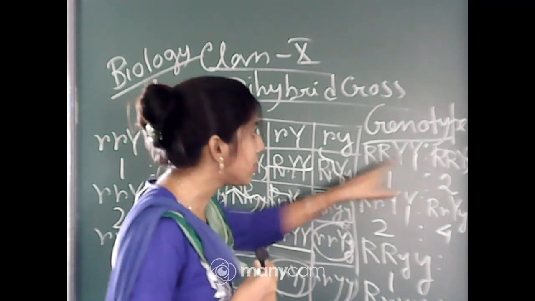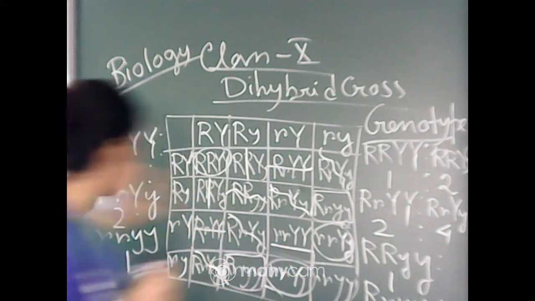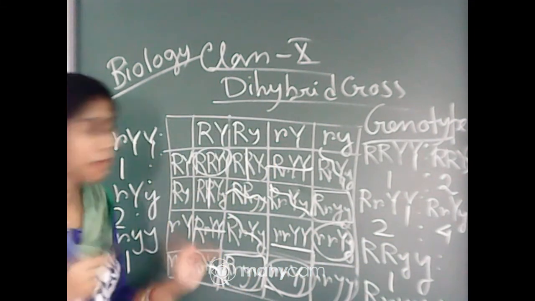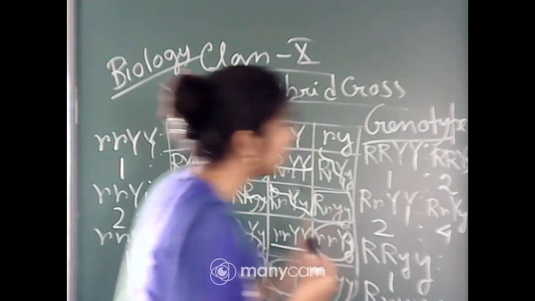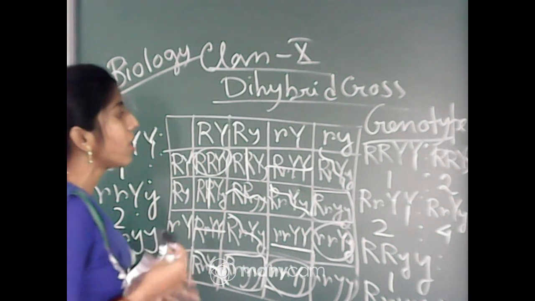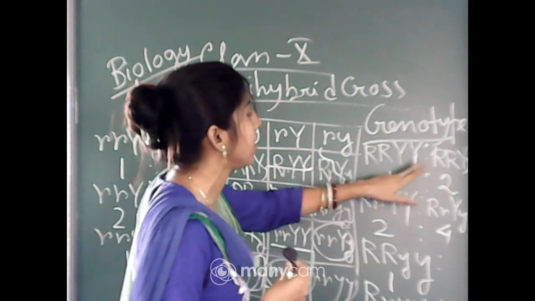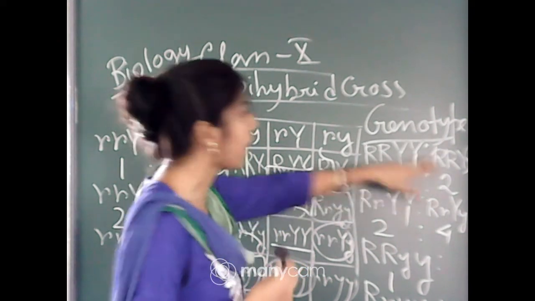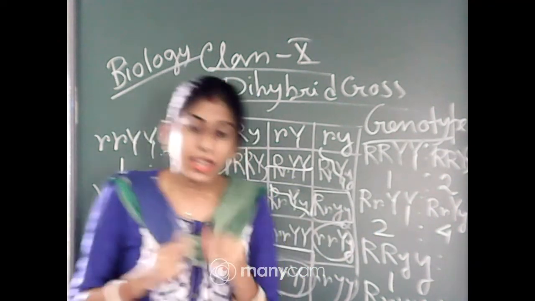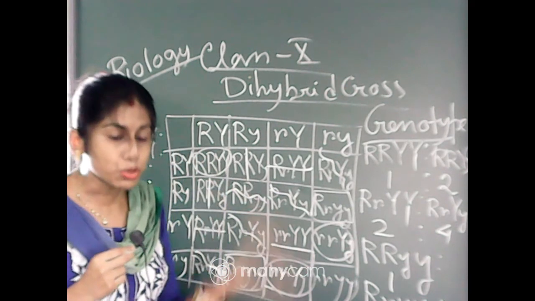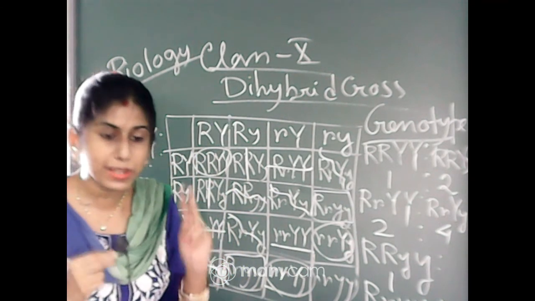First you have to mention the genotype, and after that you have to tell the numbers. Like if I ask the genotype of the dihybrid cross, you have to say capital R capital R capital Y capital Y is to 1, capital R capital R capital Y small y is to 2, like that. You have to mention the parameter.